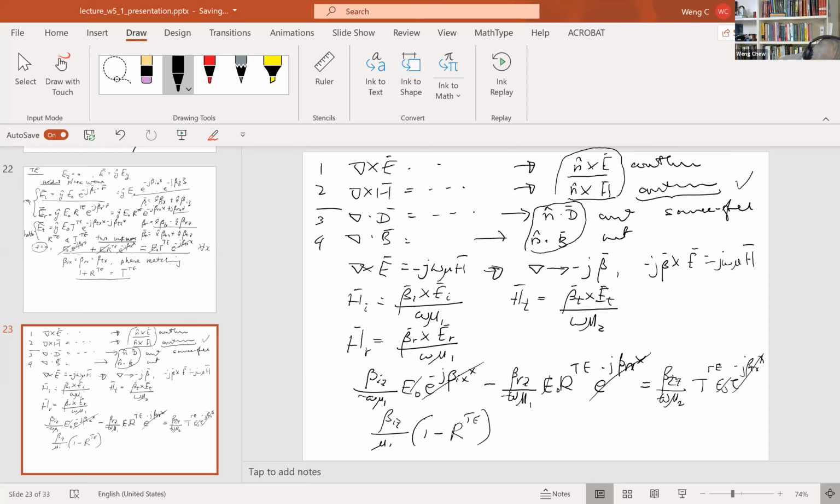Okay, you can show that beta Rz is equal to beta Iz, and then I can call both of them equal to beta 1z. So the left-hand side would be equal to that, and the right-hand side would be beta tz over mu2 T_TE. I would have that on the left-hand side.